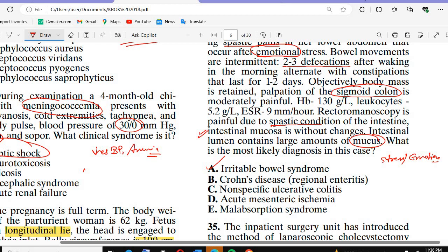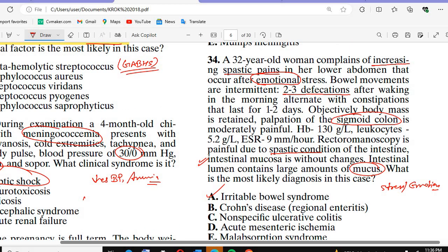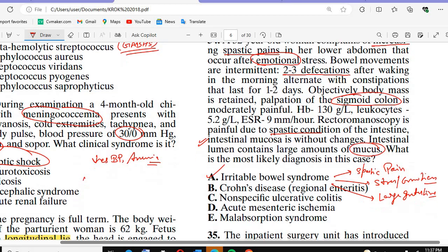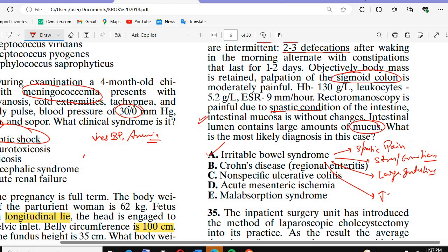Then the spastic, remember when there are spastic things, the stressful condition, spastic pain, spastic stress, emotional condition, mainly the large intestine usually, increase of the mucus.